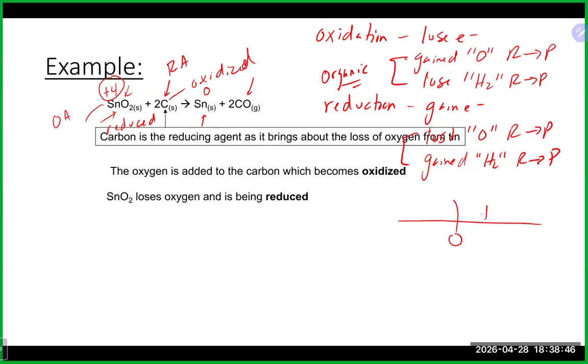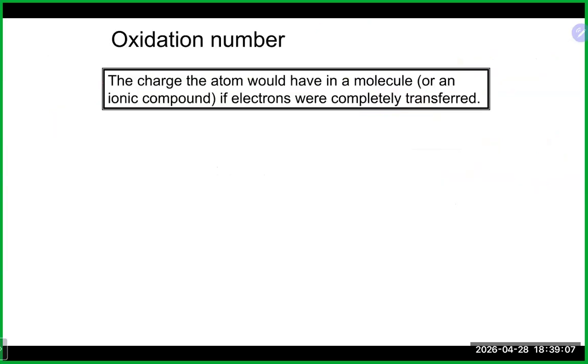So if you go to your number line here, tin is starting at +4 over here, ending at 0. It is becoming reduced in this case, becoming more negative. And again, you could have figured it out that way by looking at the tin. And by default, the carbon would have been oxidized because it would be the opposite thing that happens. Any questions on that there?